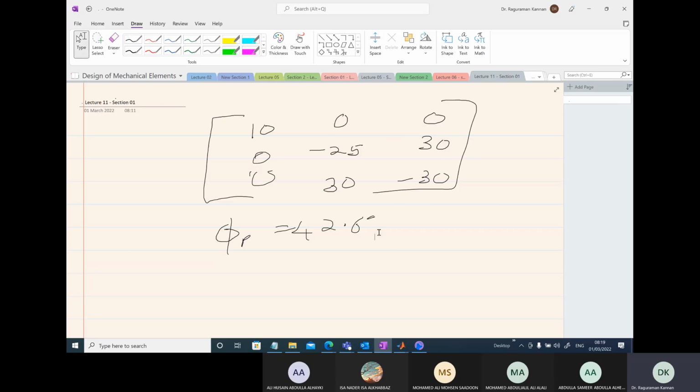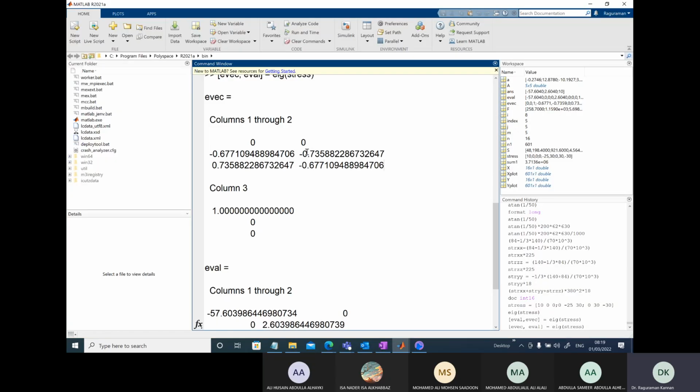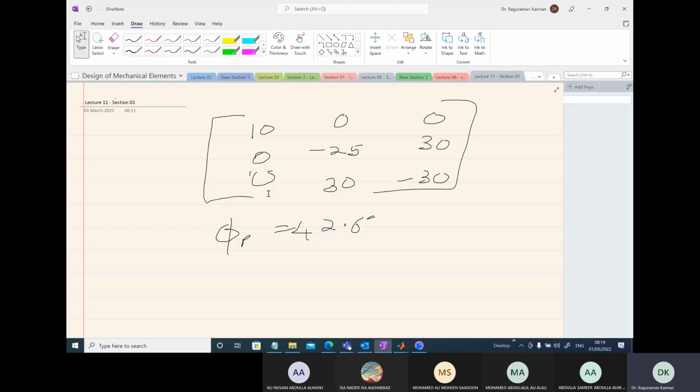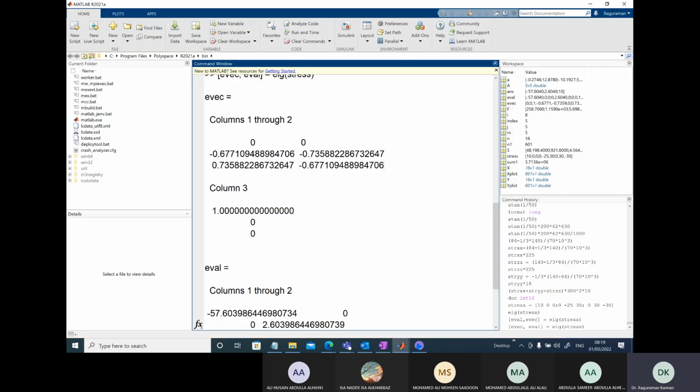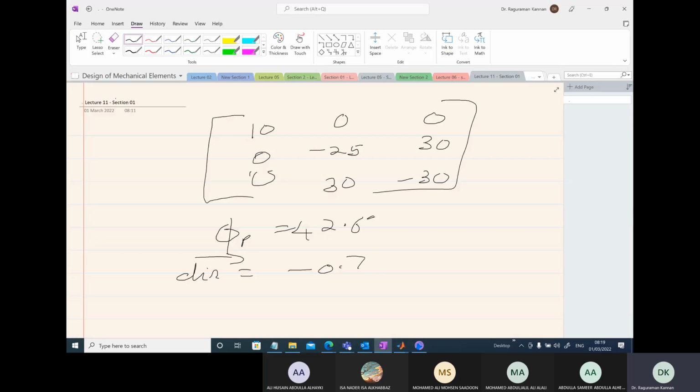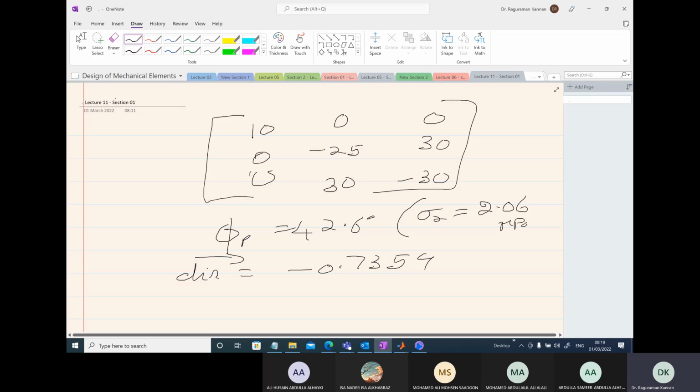-2.6 degrees, and let's see the direction from the MATLAB. It's minus 0.7359. So the direction vector corresponding to the principal value of, sorry, not 25, 2.06 megapascals.